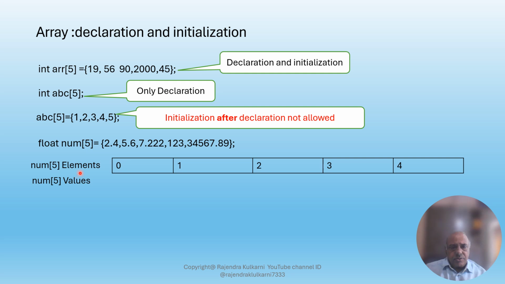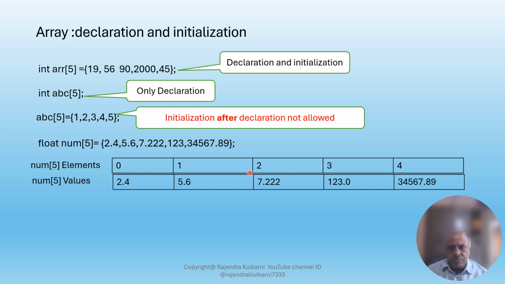Array elements are always numbered from 0. So when we say float num dimension 5, the array of 5 float constants, they will be numbered starting from 0 to 4.